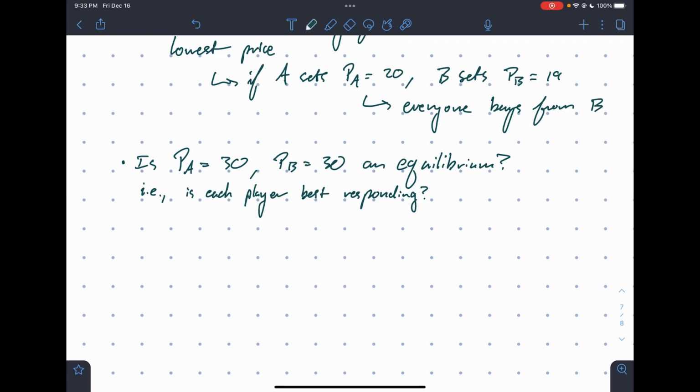They're splitting the market. But let's see what happens if firm A chooses 30 minus 0.0001. Well, first, when PA is equal to PB is equal to 30, firms split the market evenly.